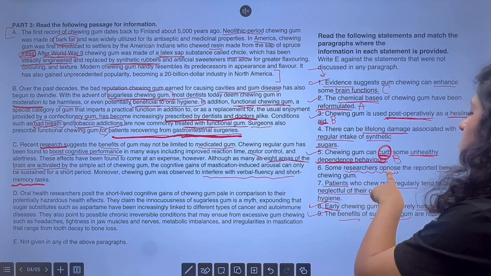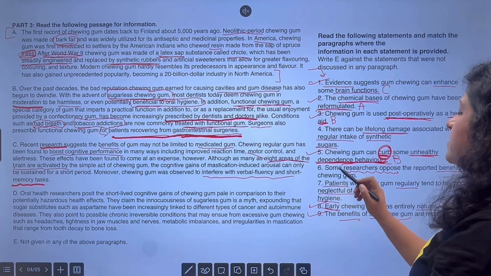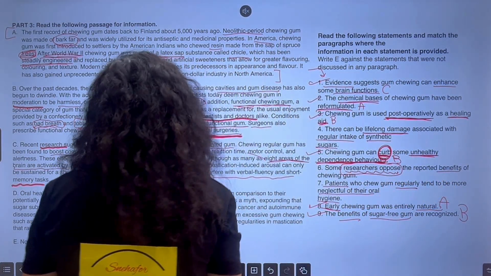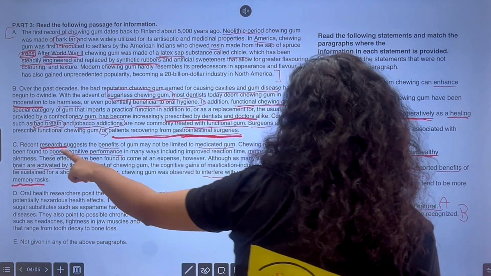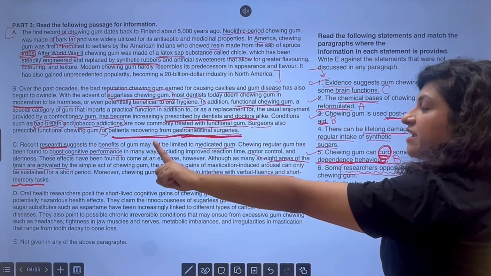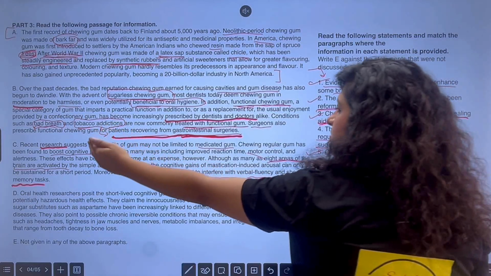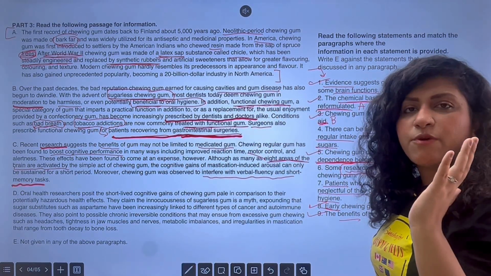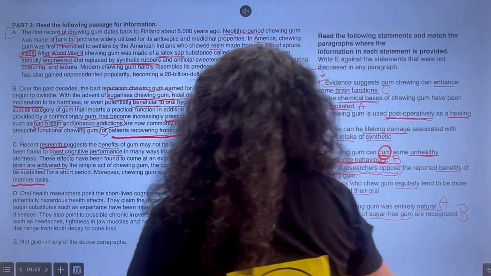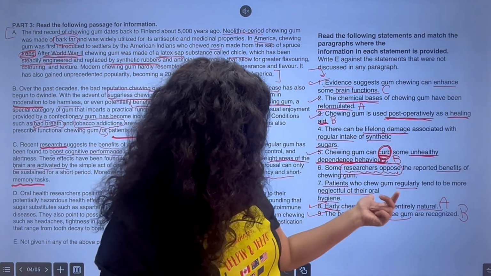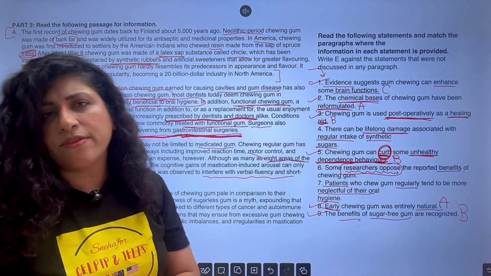Now this is not talking anything related to researchers opposing something, opposing benefits. No. Researchers here are not opposing benefits. They are saying that there are even more benefits, like boost to cognitive performance. So this is not there in C. 7th again, it's about oral hygiene. It's again not there in C.